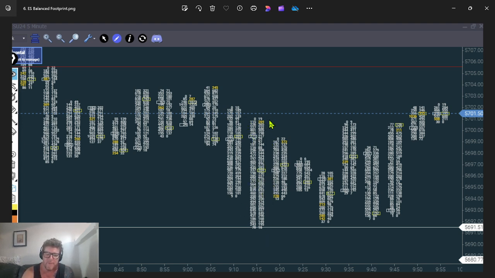In this case, you can see price came down and hit this level, 56.91, but there's not a lot of stacked imbalances there. It bounced up and then came back and tested again. This time you got a stacked imbalance at the bottom.